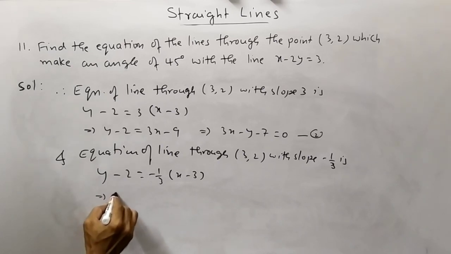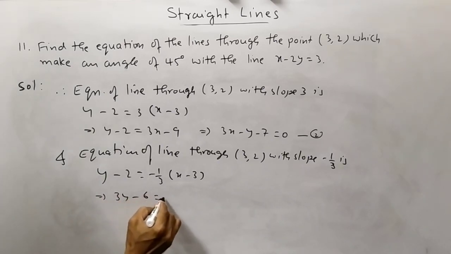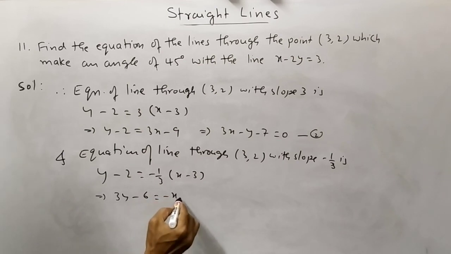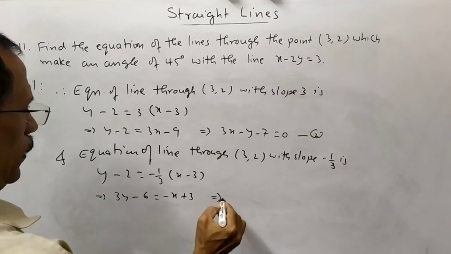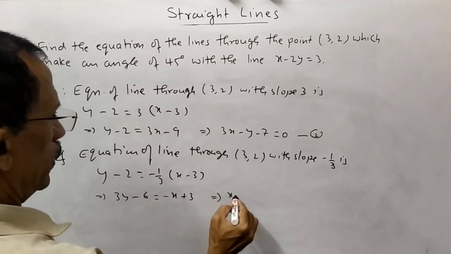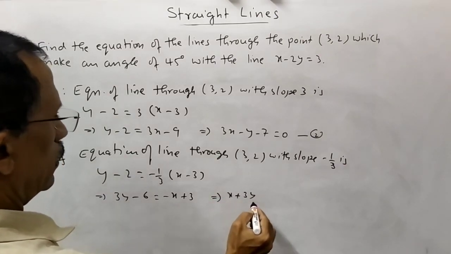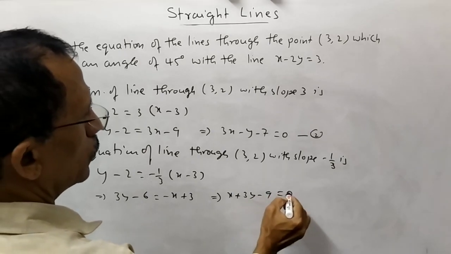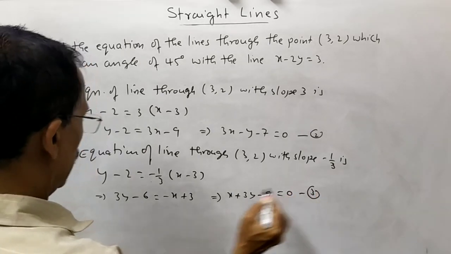This implies 3y minus 6 is equal to minus x plus 3 implies x plus 3y minus 9 is equal to 0. Say number 3.